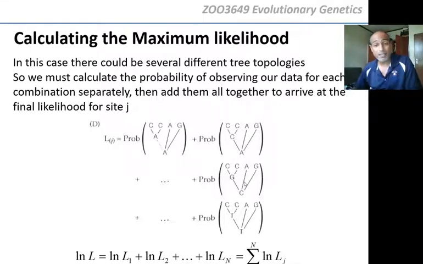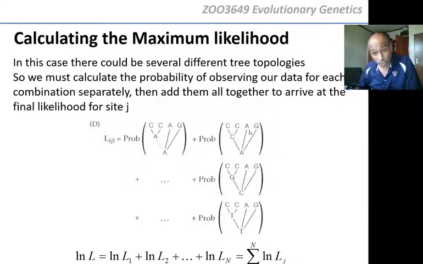So basically you put every combination of different bases in these two positions of the ancestors, and you work out the likelihood of that particular tree. Then you put another combination of these two ancestors and work out the likelihood of that tree, and another combination, and you add all of them up together.